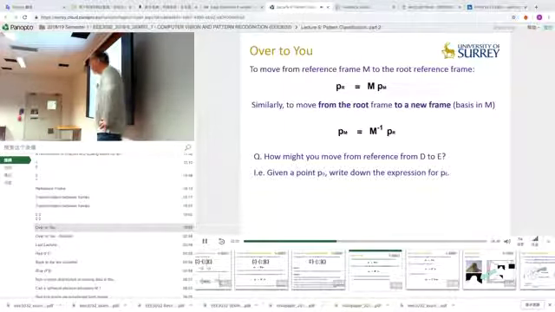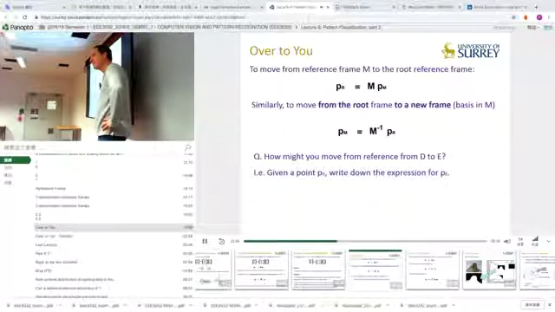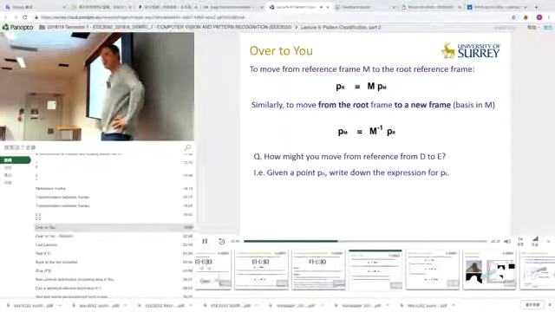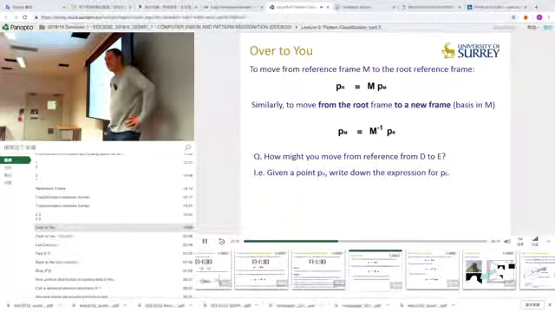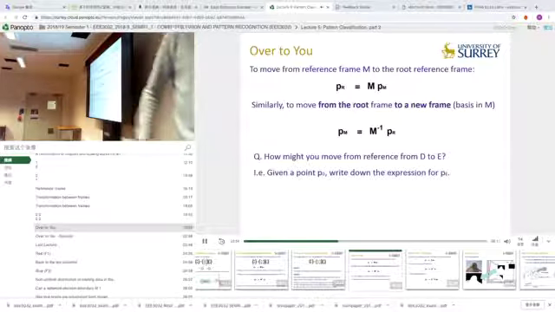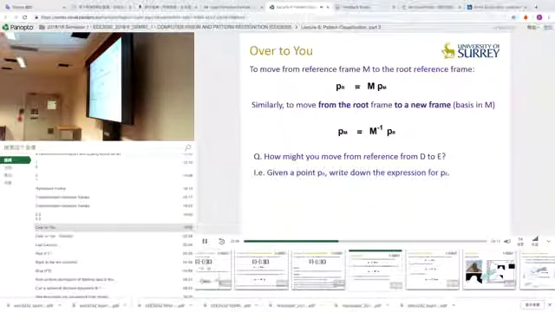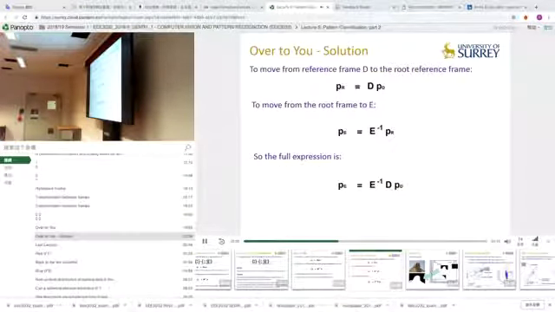So you would get your point in the root reference frame PR by pre-multiplying point PD by D. So PR would equal D PD. And then to go from PR, your point in the root reference frame, into frame E, you would pre-multiply by the inverse of E, as you put it, E to the -1, but it's not actually E to the -1, it's the inverse of E. So exactly that.